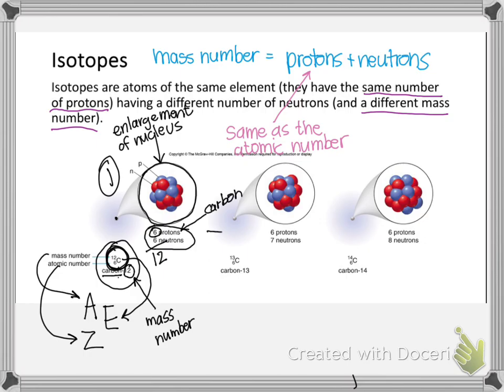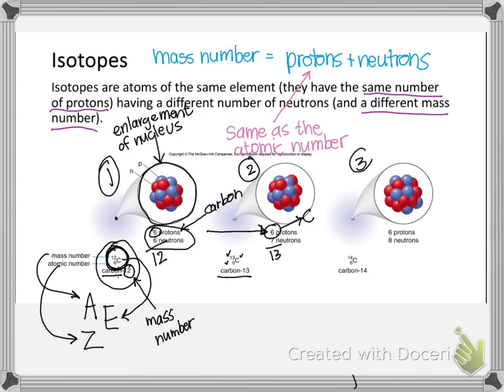Now, how the isotope changes if you go from the first one to the second one: notice that the difference is you have 7 neutrons in number 2, so the mass number is going to be 13. It's still carbon because it has 6 protons, so you have carbon with a 13 and then the 6, and if we named it, it would be carbon-13.